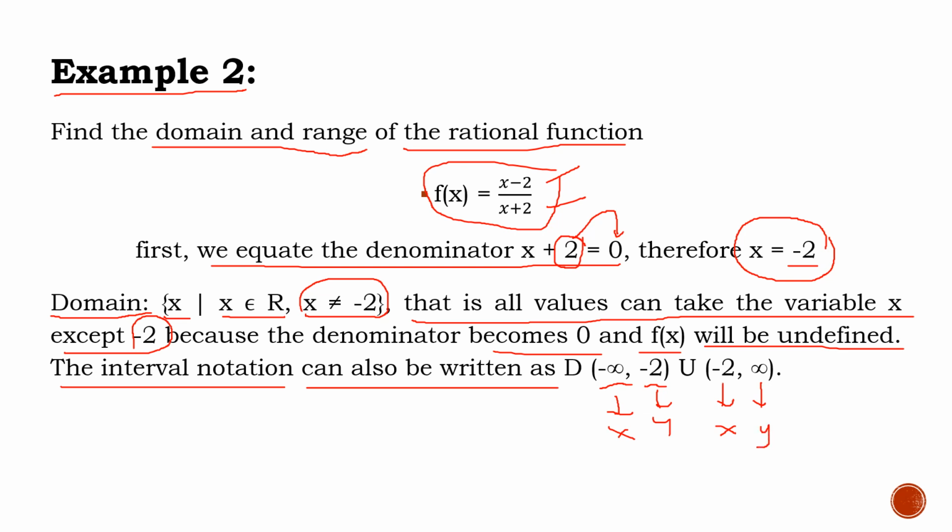Meaning to say the values of x can be from negative infinity to positive infinity, including 0, but except -2.